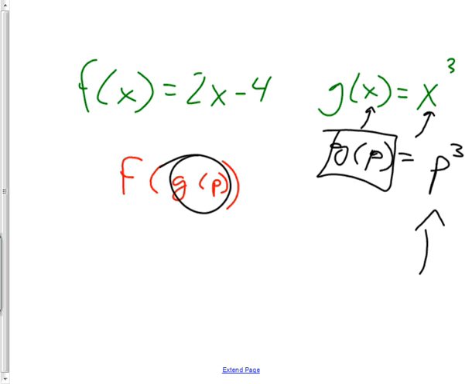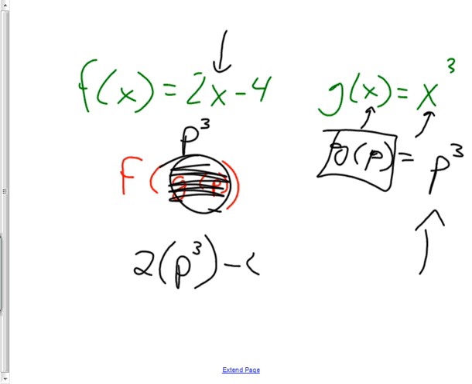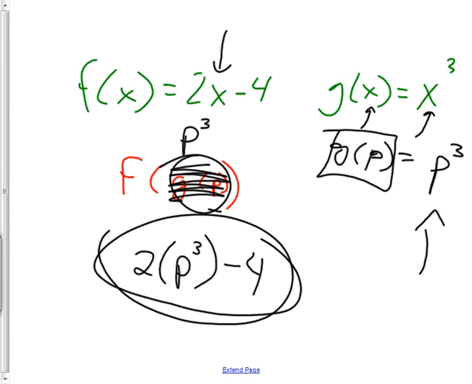I have a g of p right here, and so I can put p cubed. And then f of p cubed means I put the p cubed into the f function, right here. So I have 2 times p cubed minus 4. And can I do anything more? No, I can't. So there is my answer. Raise your hand if you had that right. All right, good job.